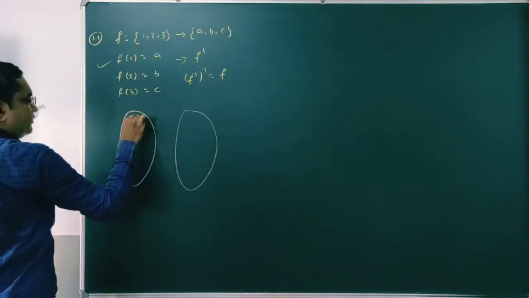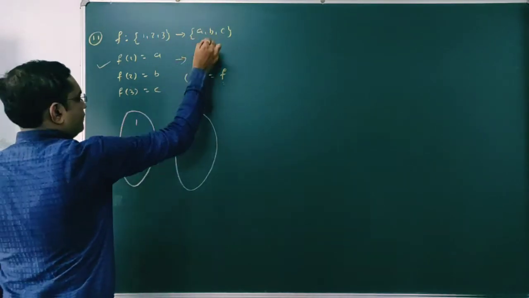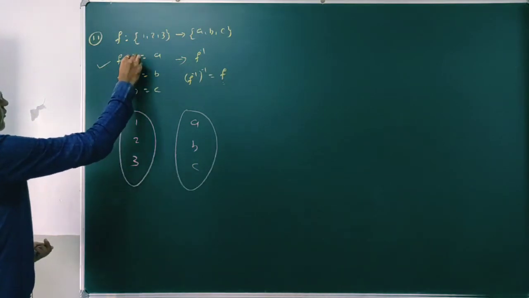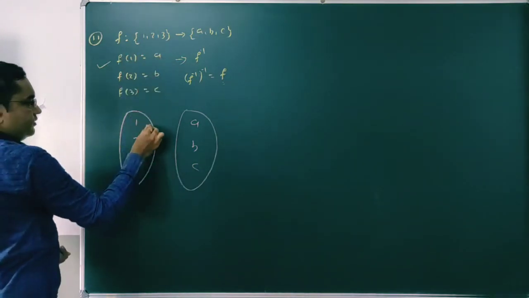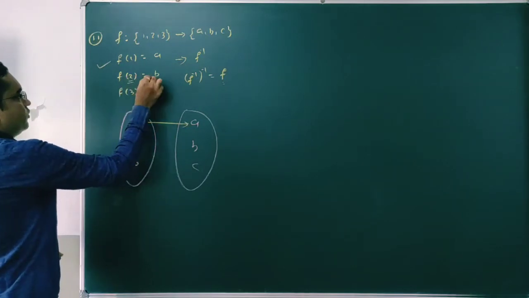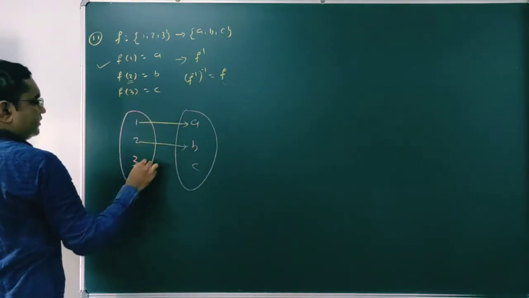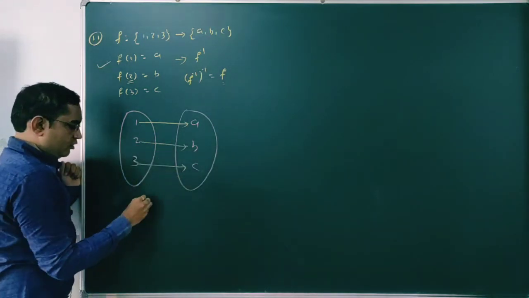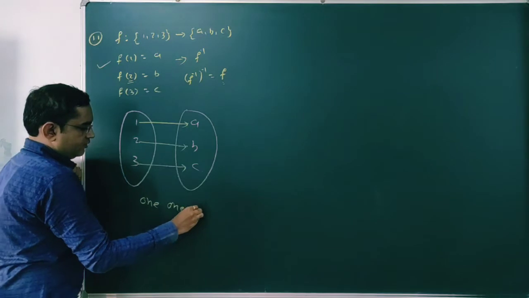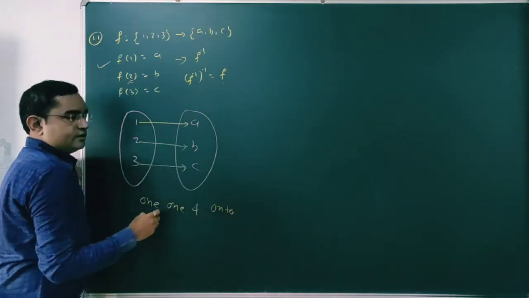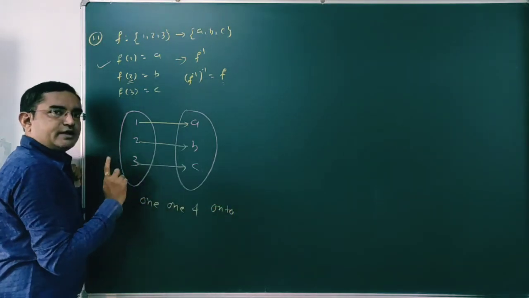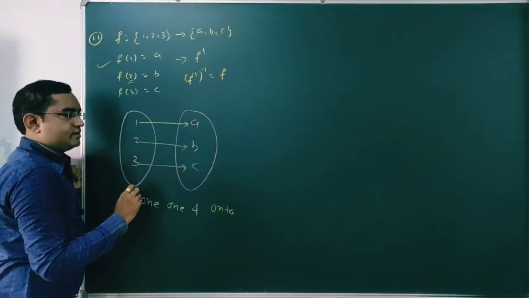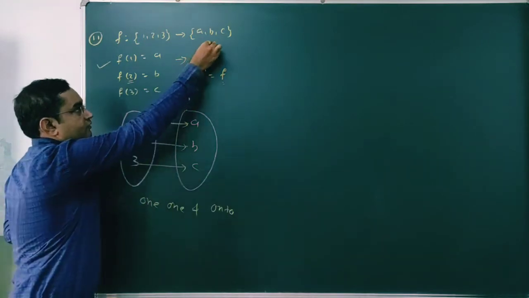So here the domain of the function is 1, 2, 3 and the codomain of this function is the elements A, B, C. According to the definition, the image of 1 is A, the image of 2 is B and the image of 3 is C. So it is clearly seen that this function is 1-1 and onto. It is a bijective function, hence the inverse of this function exists, and hence we can find the inverse of the function.